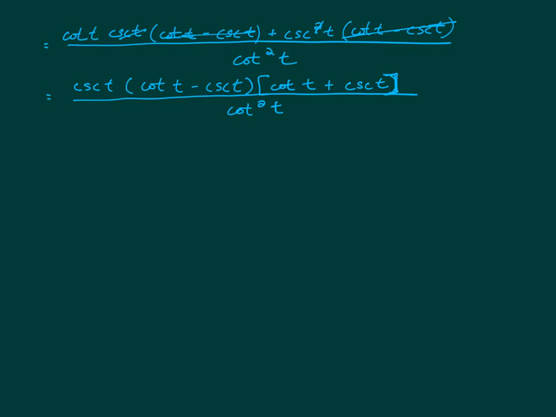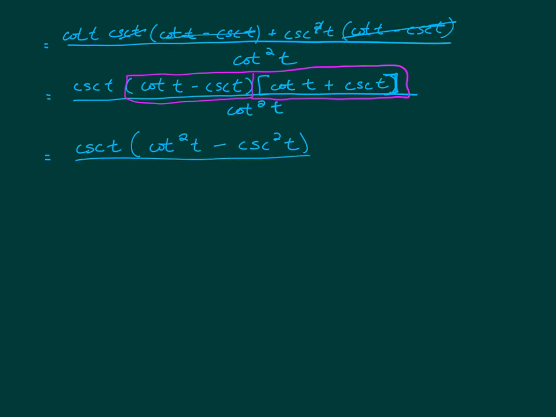Here, something funny happens. You notice that we have a difference of squares factored out already. So if we multiply these things together, you end up with cosecant t times cotangent squared t minus cosecant squared t all over cotangent squared t.